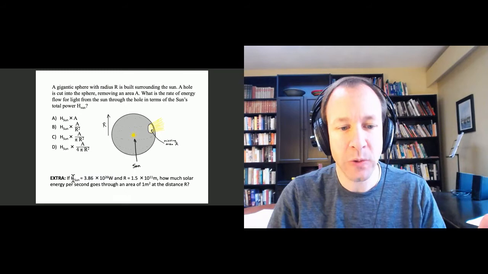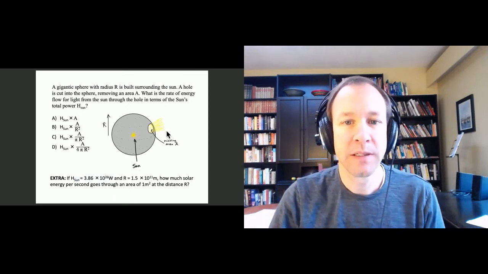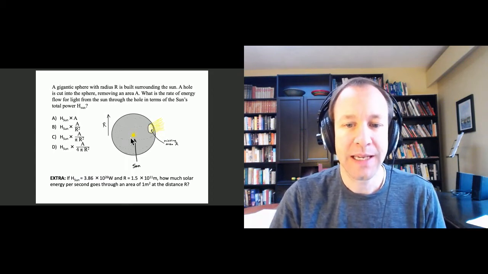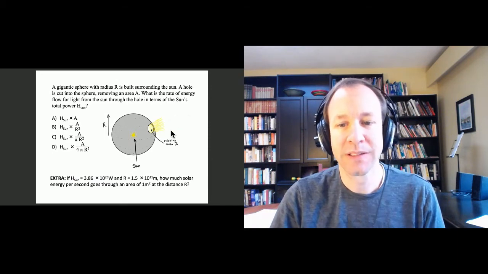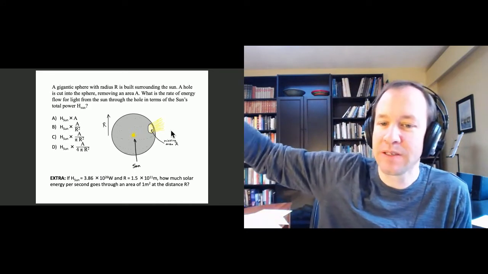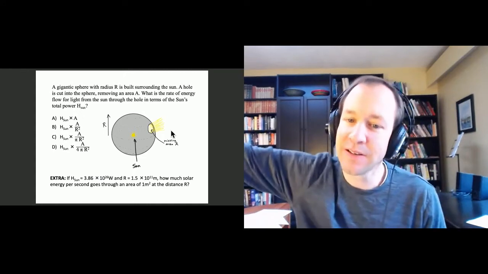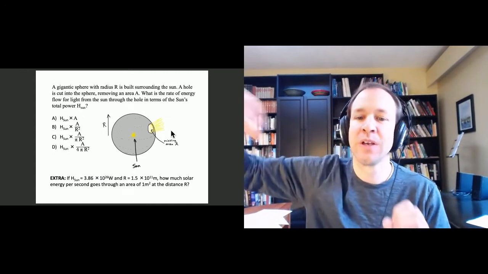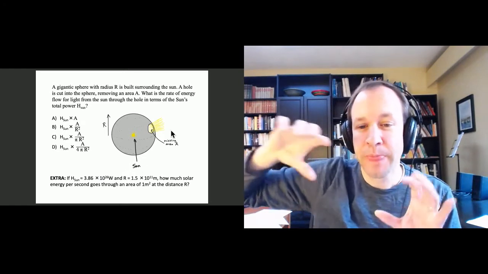So we're given the total power of the sun, and we want to know how much of that energy is going to be leaving this hole. So eventually that hole is going to be, we're going to think about that hole as being a hole that would be the size of the Earth. Okay, so we want to understand how much sunlight is absorbed by the Earth.